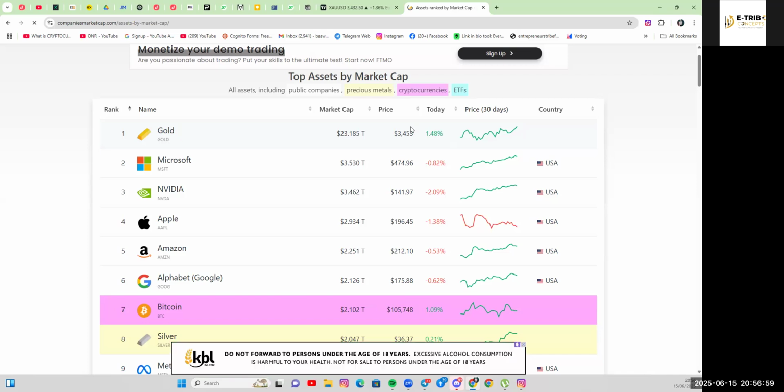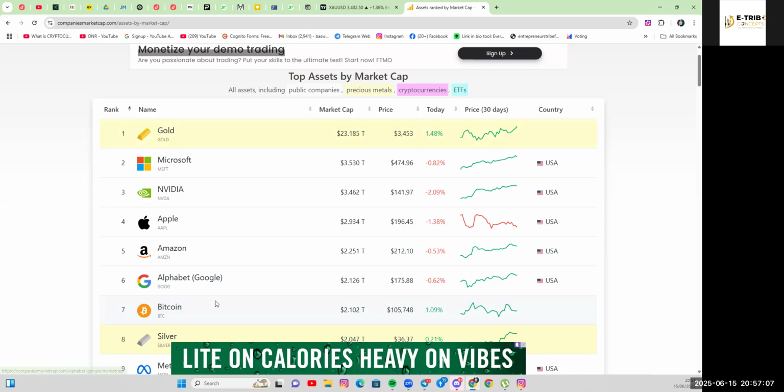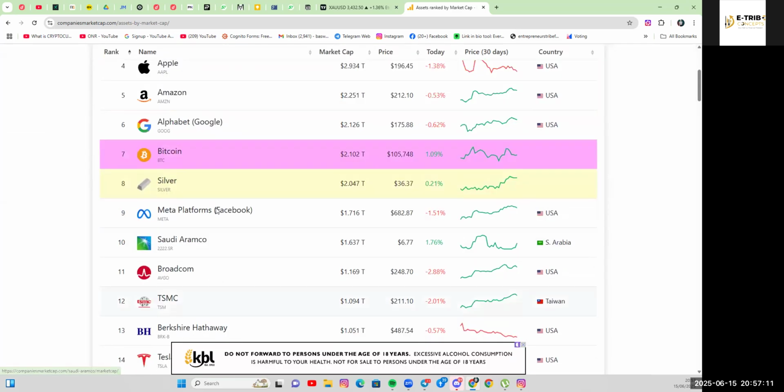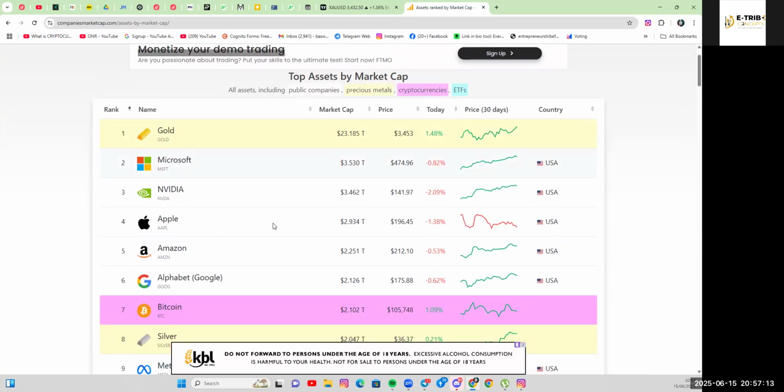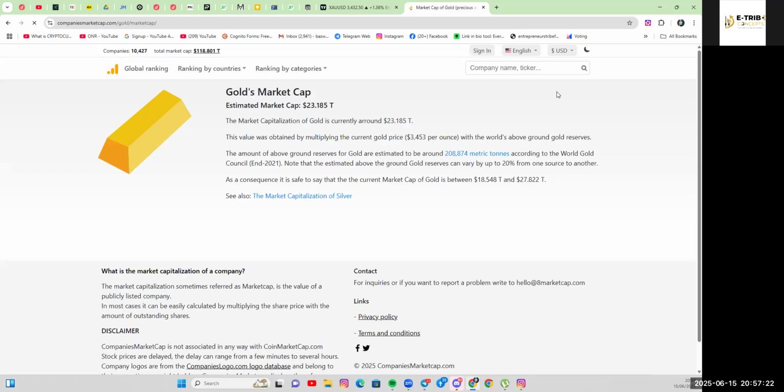Today alone, gold has been up by 1.48. Then we have Microsoft, then Bitcoin is number 7 and silver as we move on like that. We also have Meta Platforms. There's a lot, guys, in the financial market. Experience is what will teach you a lot of things. So ukiangalia gold vizuri sana, ndio iko top.